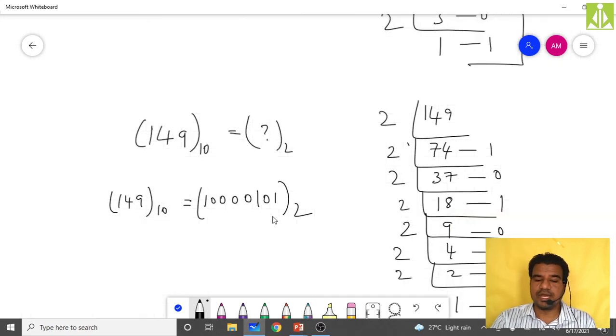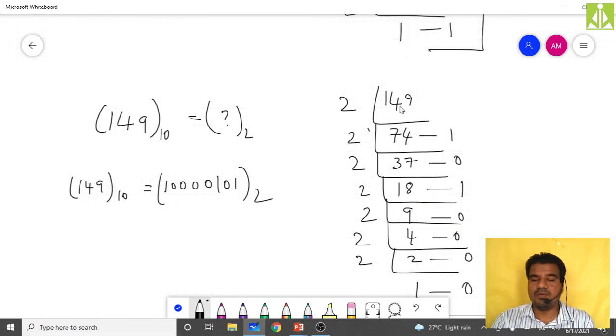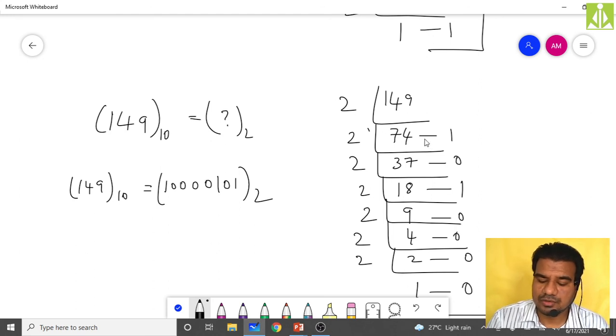So 149: 2 sevens are 14, 2 fours are 8, so 1 we got.